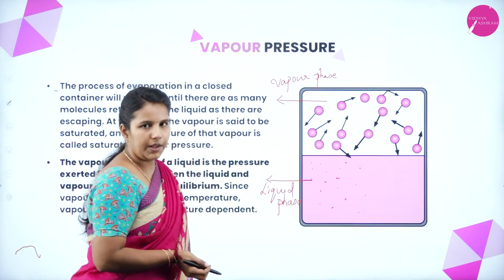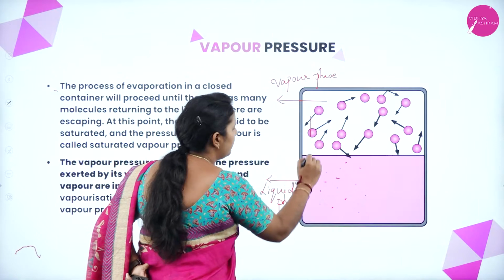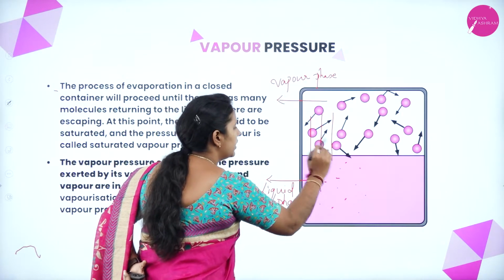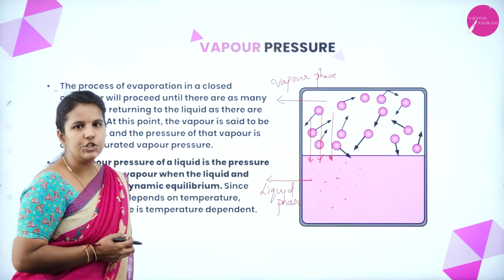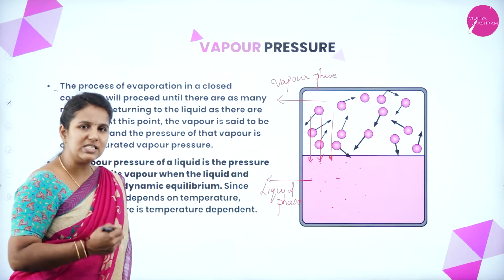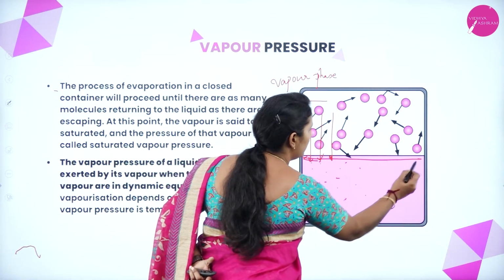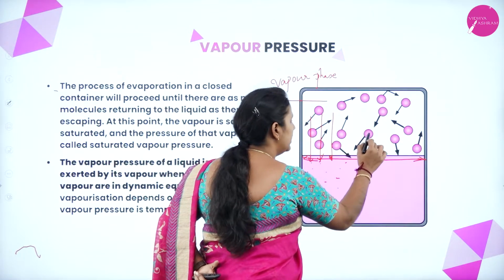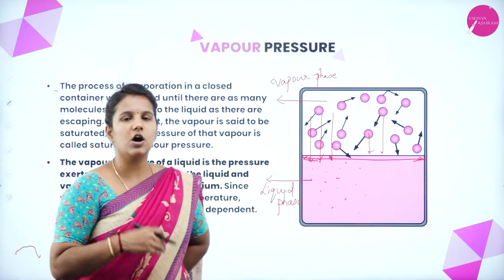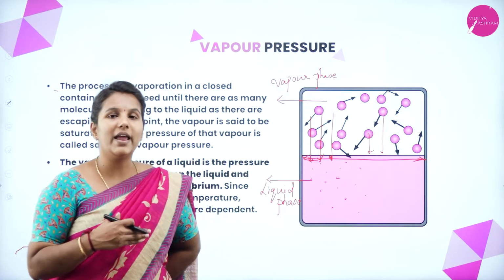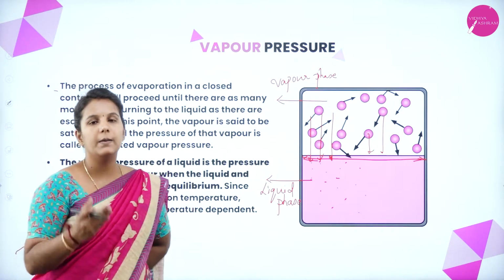After some time, when the molecules go to the vapor phase, they will condense back to the liquid state. During that condensation, they will exert some pressure on the surface of the liquid, which is said to be vapor pressure.